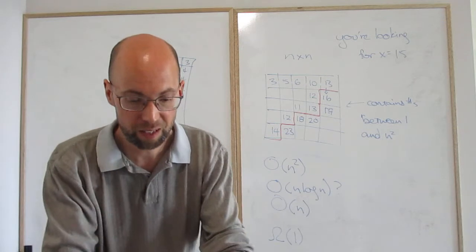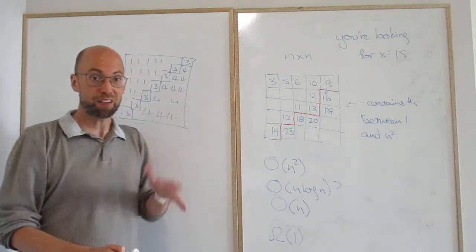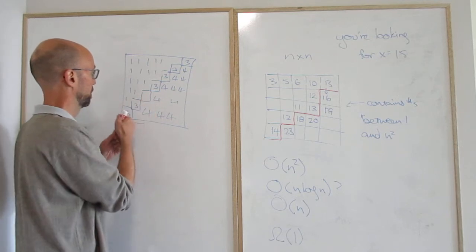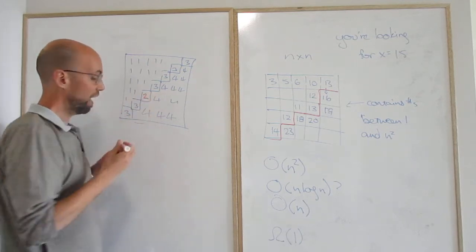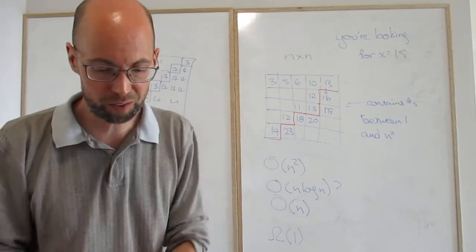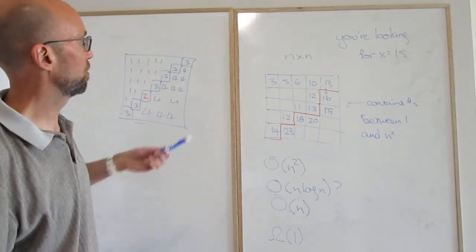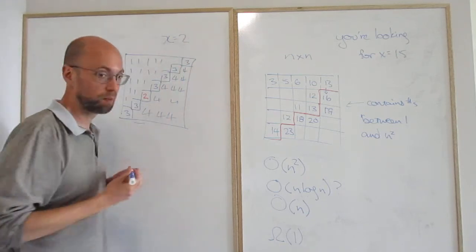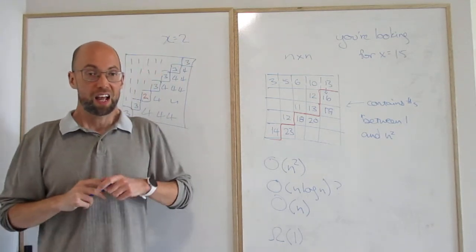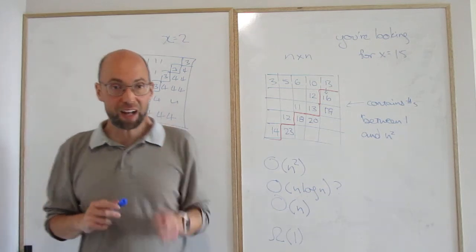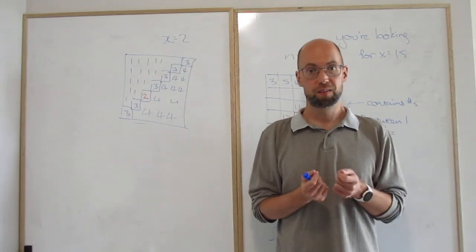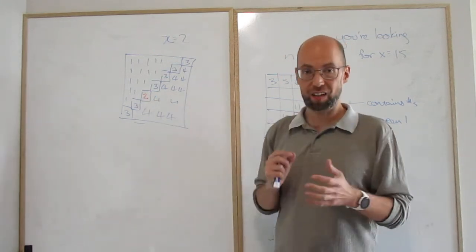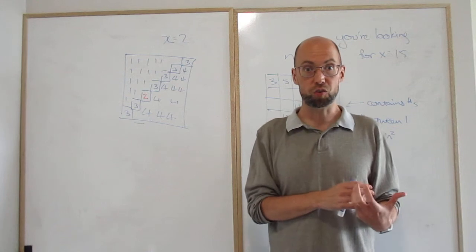Except maybe they're all threes, or maybe one of them is a 2. And you're looking for, well, I should have done this with 15, but let's say you're looking for x equals 2. You have to check the whole diagonal. If you don't check one cell on the diagonal, maybe that's where the 2 is.